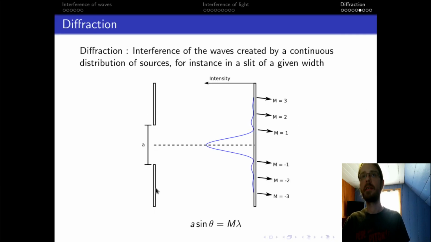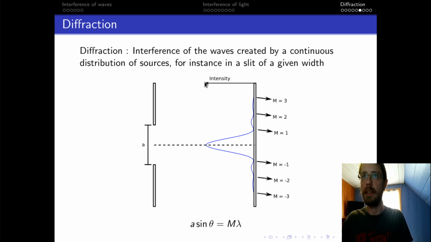So again, this is the obstacle with some aperture in it, a slit of width A. Here is a screen. I again represented with a dashed line the center of the system, which corresponds to the center of the slit. And I put in a graph of the intensity of the light.